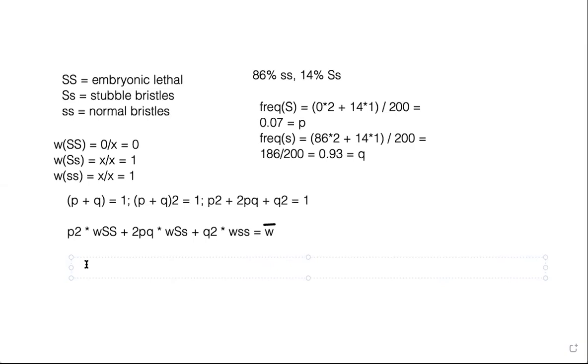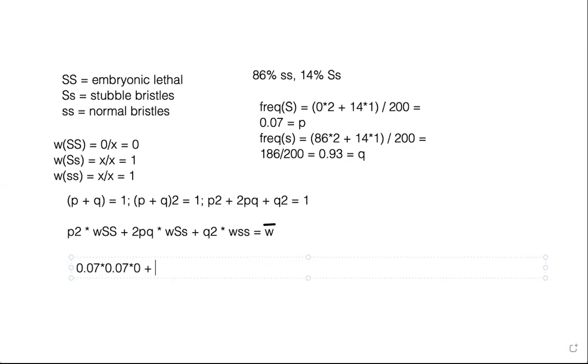Okay, so to calculate it, P is 0.07 times 0.07 times 0. And that's easy because that whole term is going to be equal to 0.